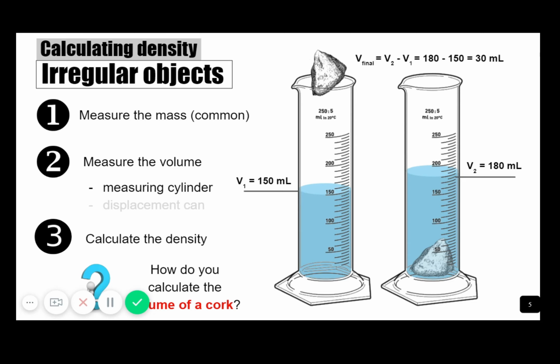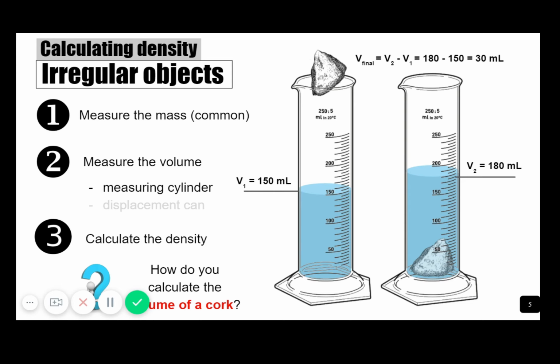That could be 150, it could be 100, depending. Once you drop the irregular object like this stone into the measuring cylinder, you will see that the water level has risen. Or in other words, we say that the water level has been displaced. The amount of water that has risen or displaced is actually the volume of the irregular object.